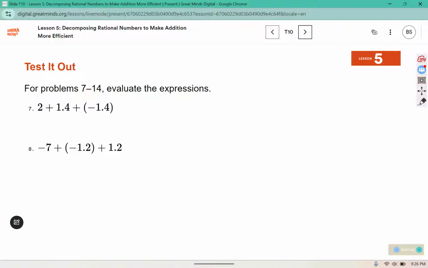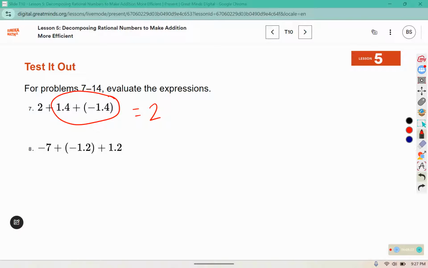For problems 7 through 14, evaluate the expressions. There we have 0, so this would be 2. Here is 0, so this is negative 7.